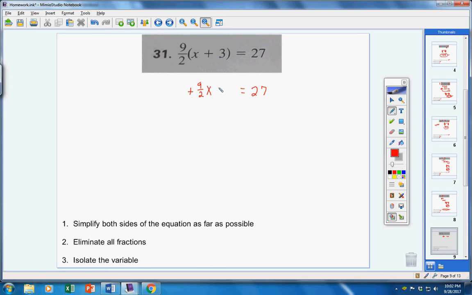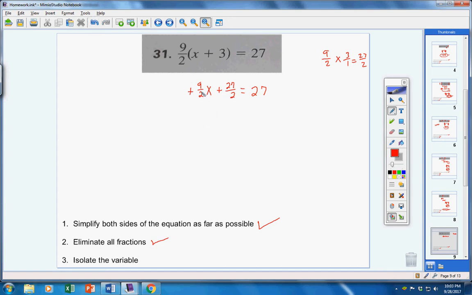Positive times a positive is positive. 9 halves times 3, let's see. 9 halves times 3 over 1, that's 27 over 2. There we go. Step 1 is done. I cannot simplify any further. X term here, constant term here. They are unlike. Okay, so on to step 2, eliminate fractions.